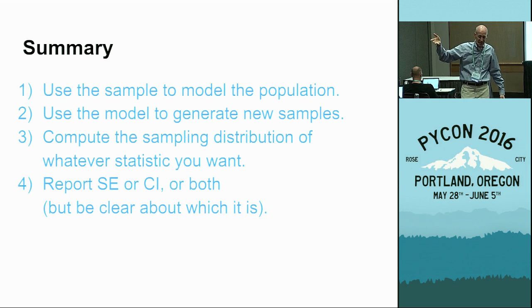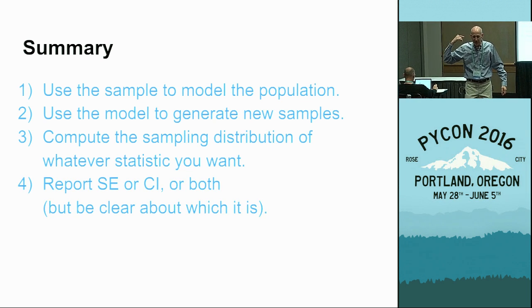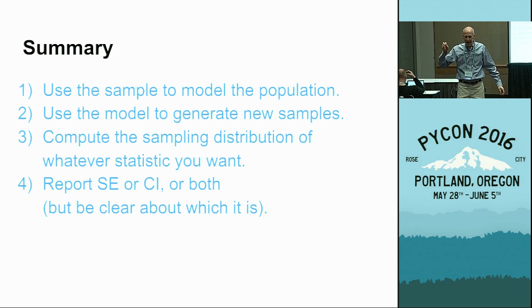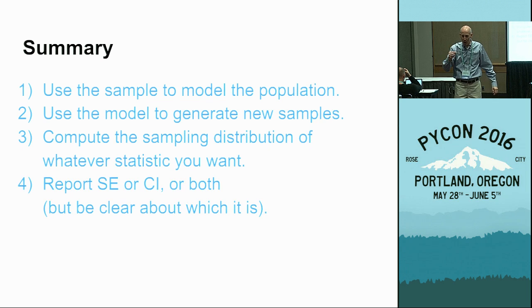There's one nice set of techniques based on an experimental design in which you deliberately oversample some parts of your population, and there are lots of reasons to do that. For every respondent in your sample, you'll have a weight associated with them, and that weight tells you how much that person has been oversampled.